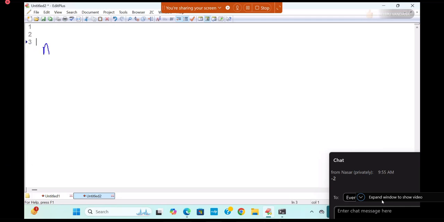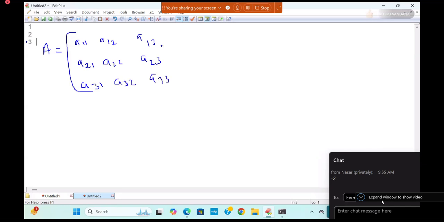So A is equal to something like this I am having, students. A11, and what we learned in mathematics, I'm just writing in a generalized notation. A13, A21, that is the second row first element. A22, A23. This is called what? A31, A32, A33. This is my 3 by 3 matrix. Now I want to find the determinant for that.